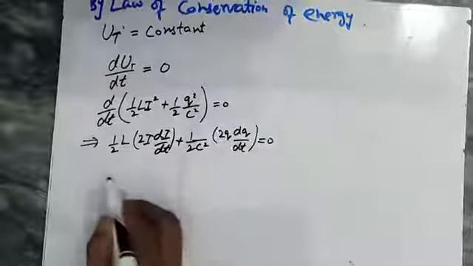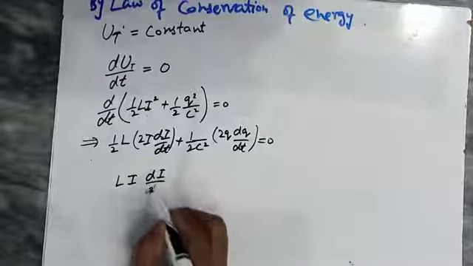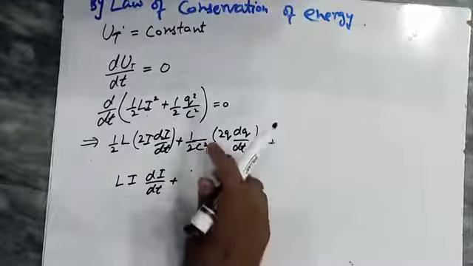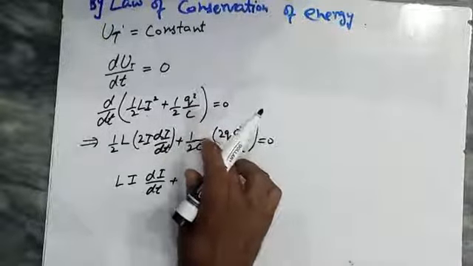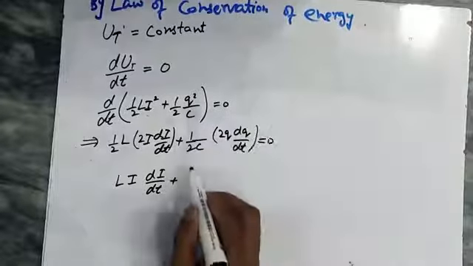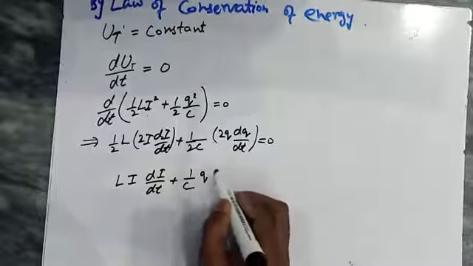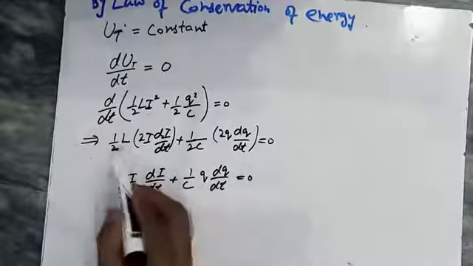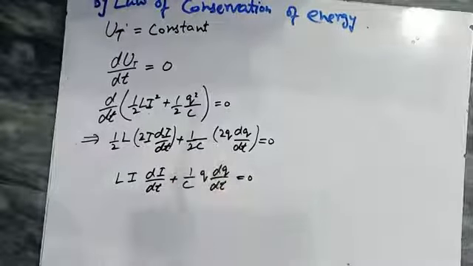So I get Li di over dt plus, here C, only C, not C square, 1 over C Q dQ over dt is equal to 0. This term and this are cancelled out with each other.